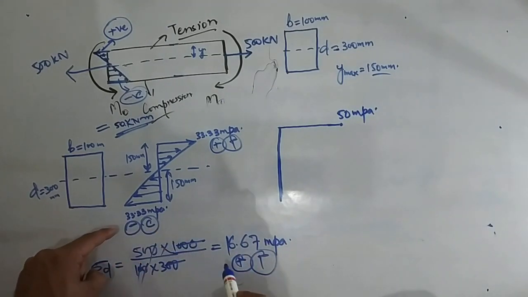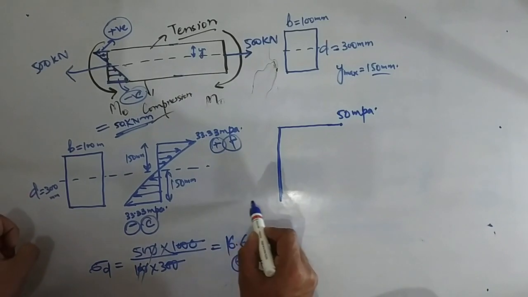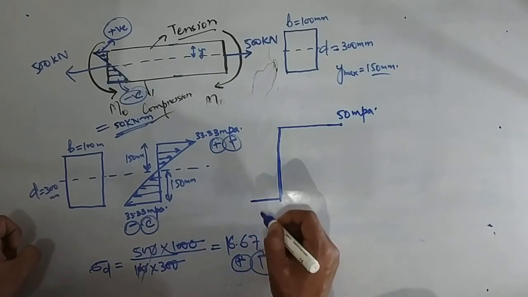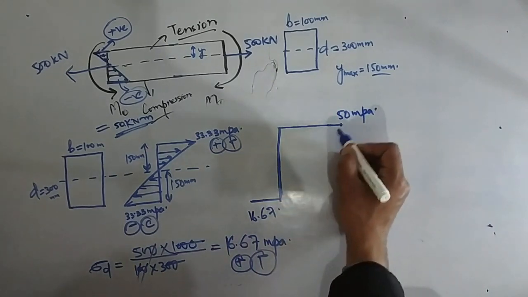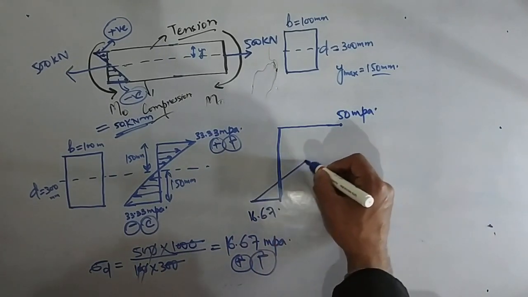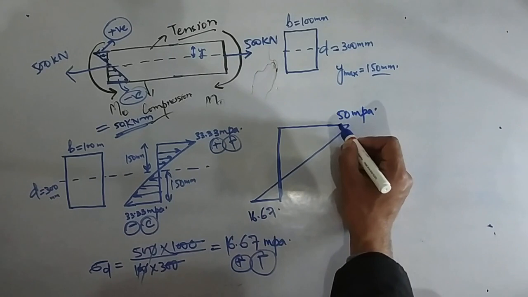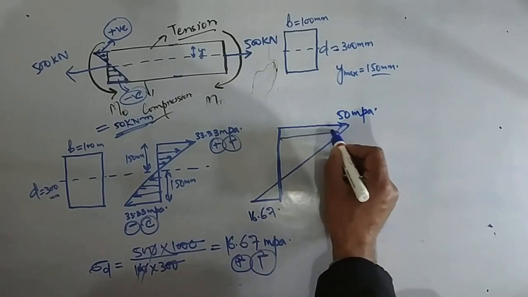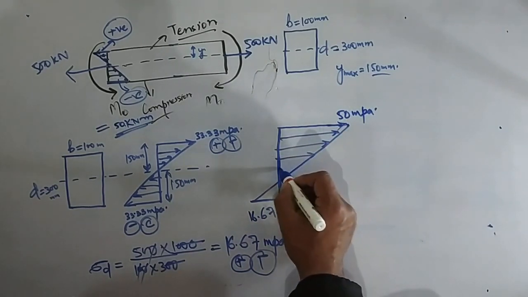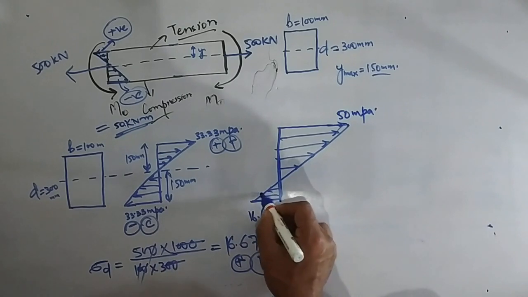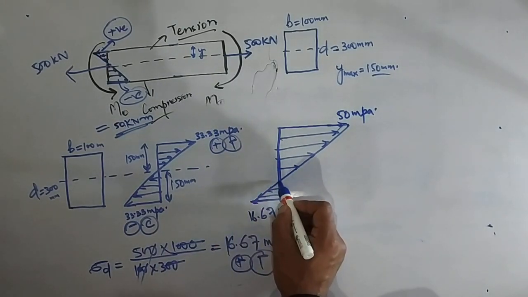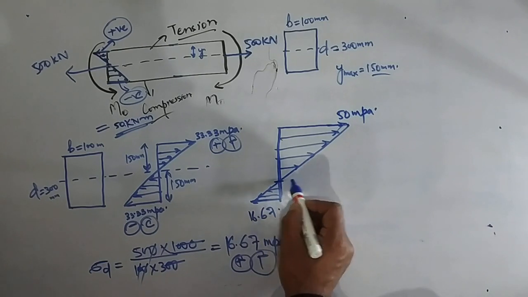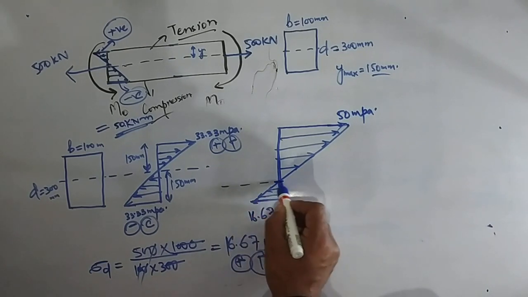So 33.33 minus 16.67 will be 16.67. Join these two parts, getting it over here. This part will be tensile and this will be compressive. So I am getting the point of zero stress over here, and this will be my neutral axis now.